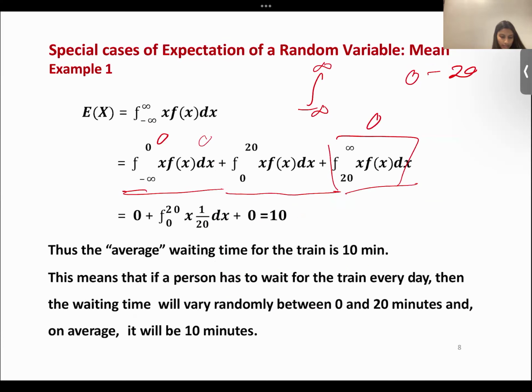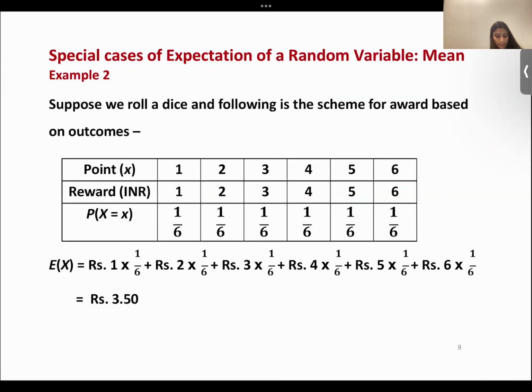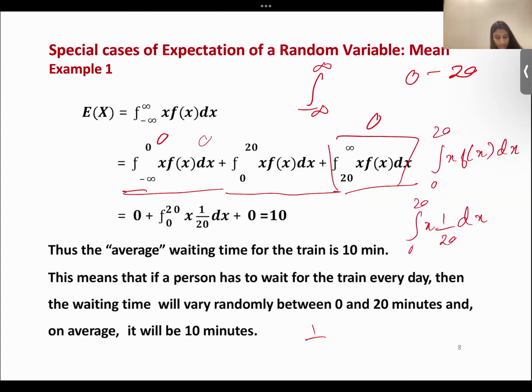So you're just interested in the integral of 0 to 20 of x f of x dx. f of x is equal to 1 by 20, so 1 by 20 comes out of the equation, and you have the integral from 0 to 20 of x dx. When you integrate x, it gives you x square by 2, from 0 to 20, and this 1 by 20 is already outside.